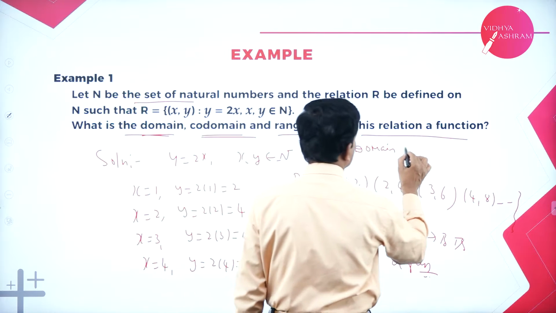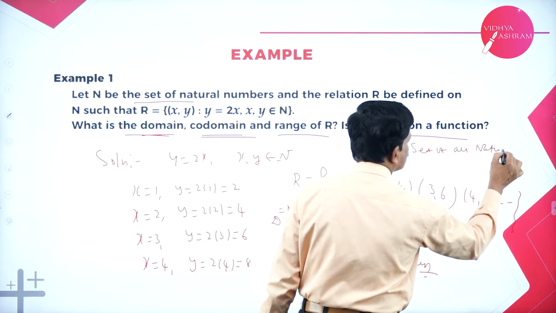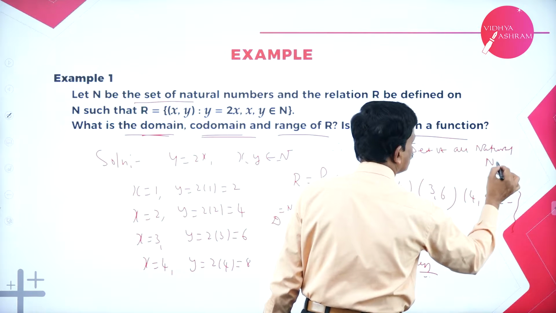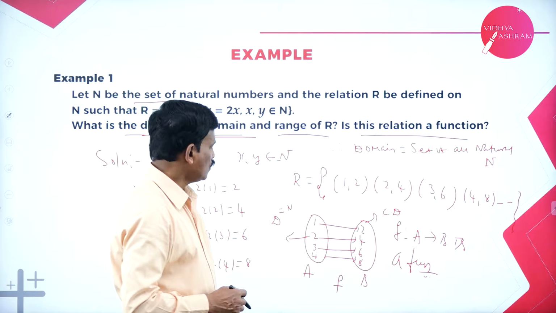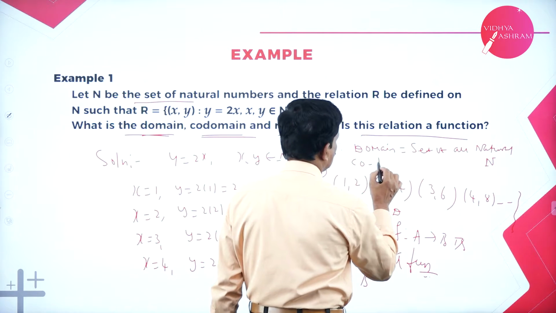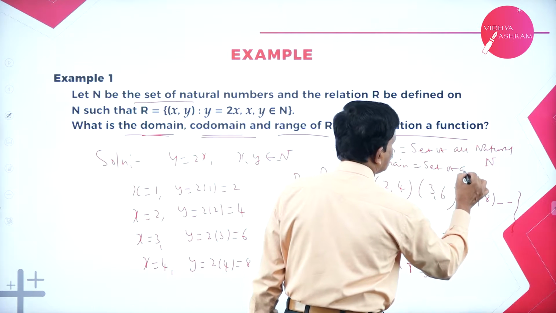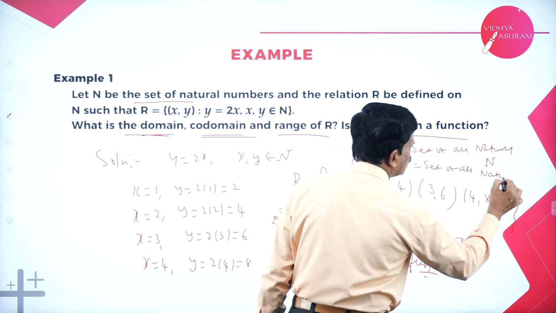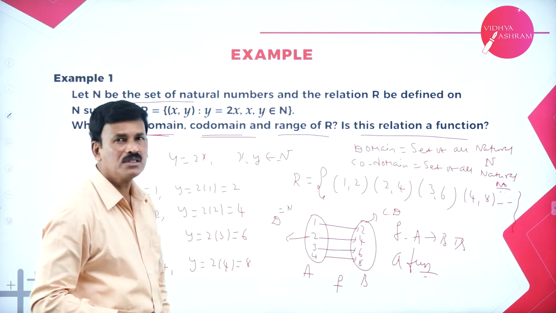The domain is equal to the set of all natural numbers N. Now, what is codomain? Codomain is also the set of all natural numbers.